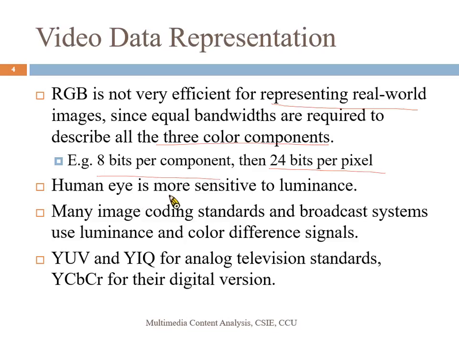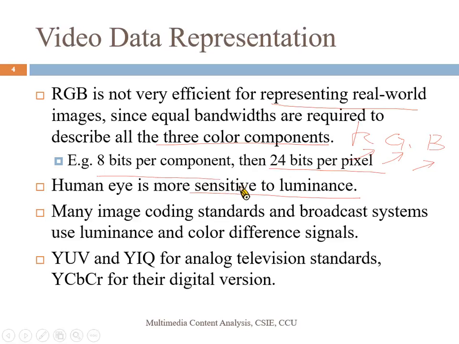But human eyes are more sensitive to luminance. As we said before, RGB color channels are not totally independent. When one value increases, usually the other two values also increase. So they are correlated.